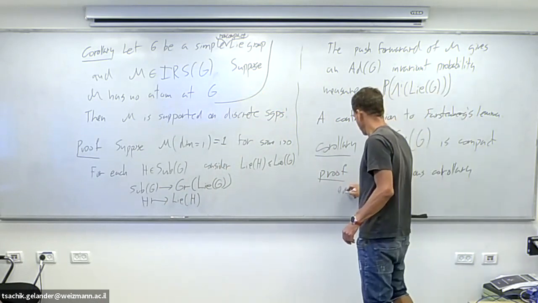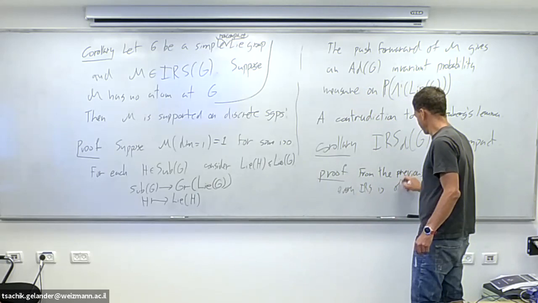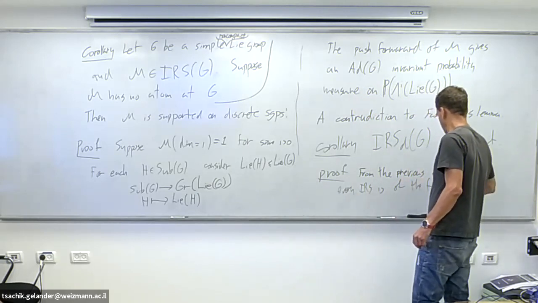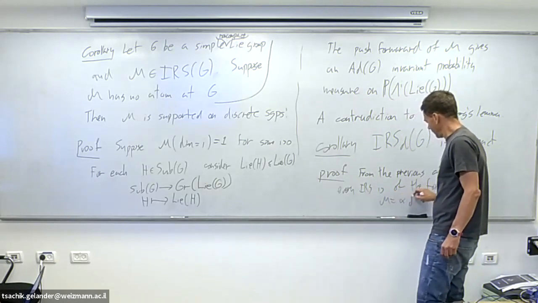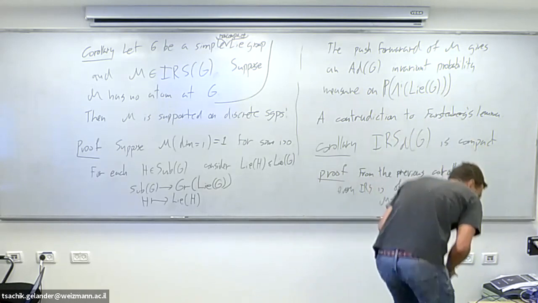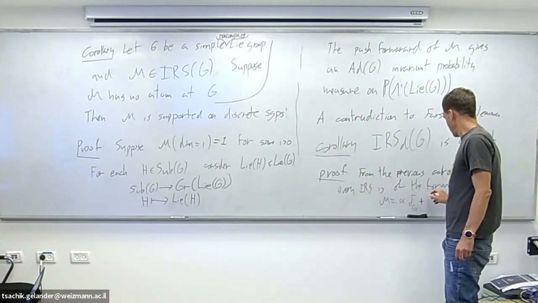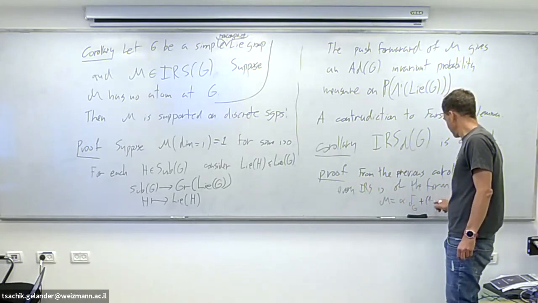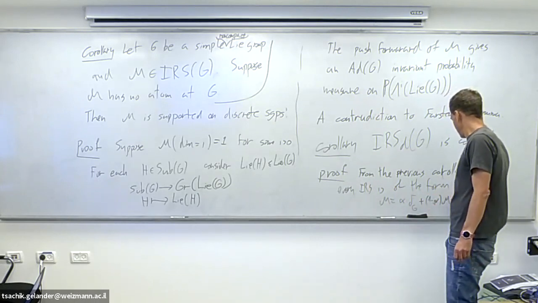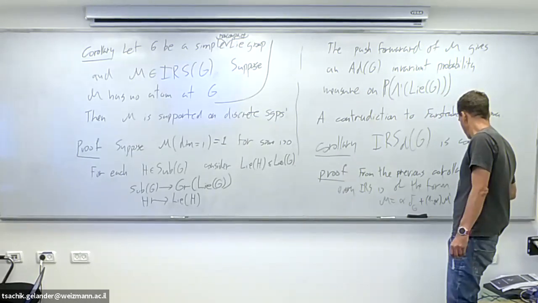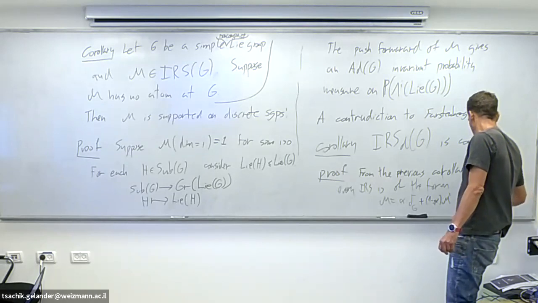Every IRS is of the form mu equals some constant alpha times Dirac mass at G, plus 1 minus alpha times mu prime, something which gives measure 0 to G, where mu prime is a discrete IRS.